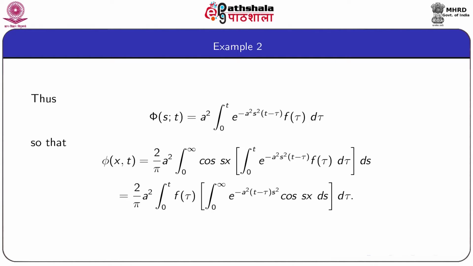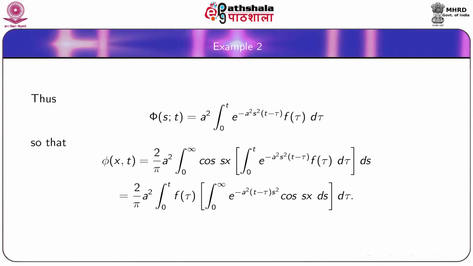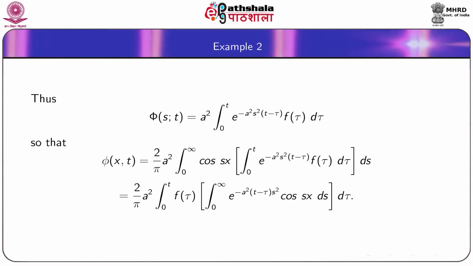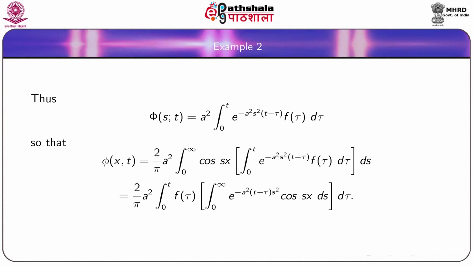Now, using this initial condition, the solution of the first order ordinary differential equation is given by capital phi st equal to a square integral from 0 to t e to the power minus a square s square t minus tau f tau d tau.